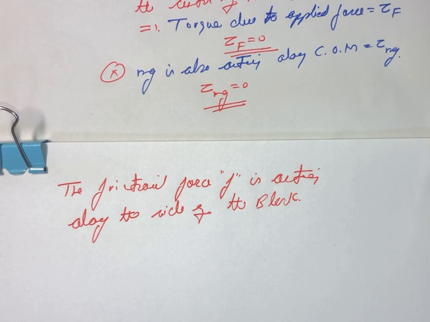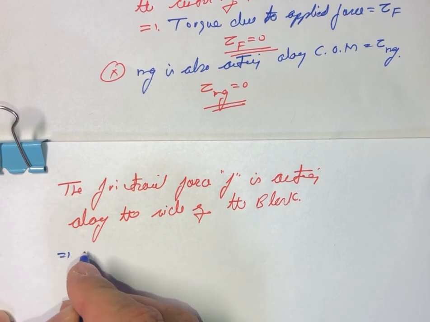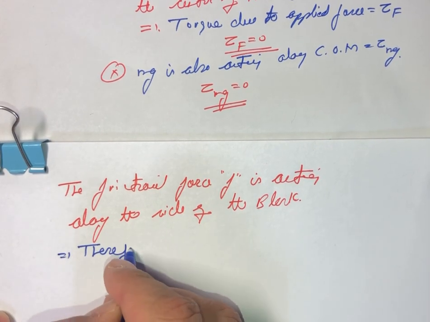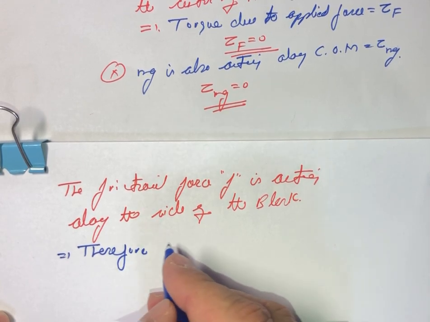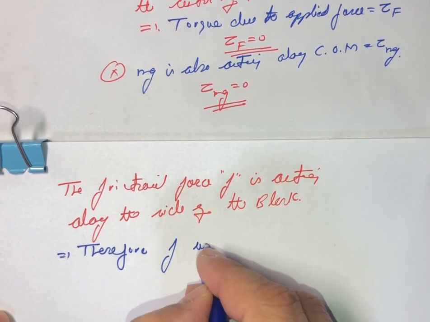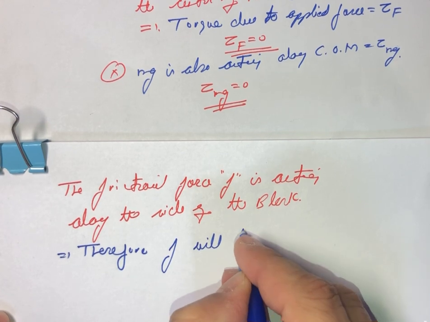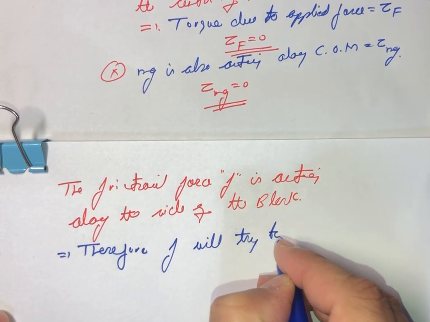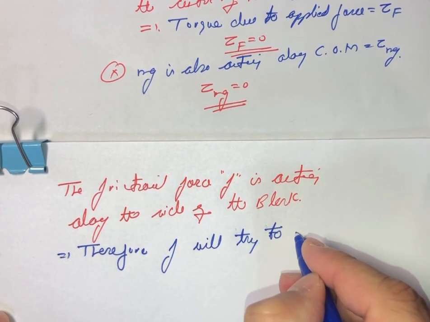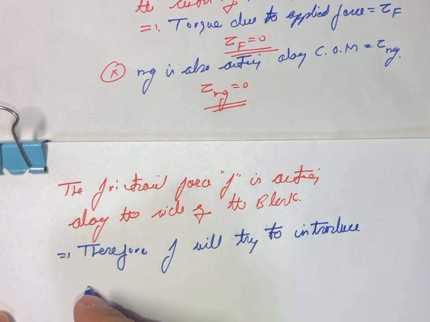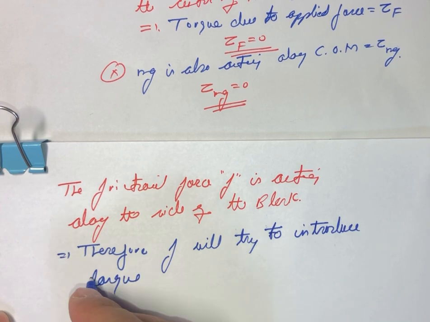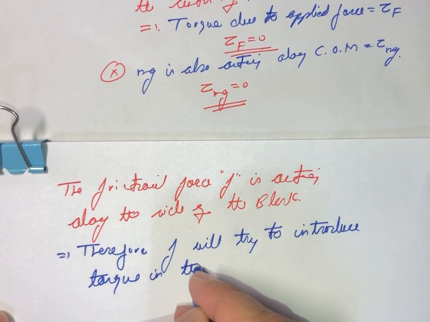So therefore, it will try to rotate the block or produce torque in the block. Therefore, f will try to introduce torque in the block.